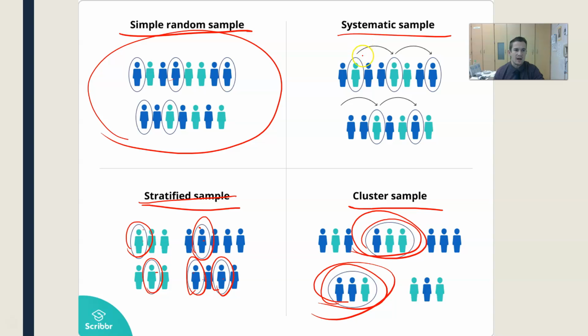Systematic sampling is when I pick every nth person. So like here's my first person, 1 to my second person, 1 to my third person, 1 to my fourth person, 1 to my 5th person. So I follow a specific pattern in selecting the people who are in my sample.